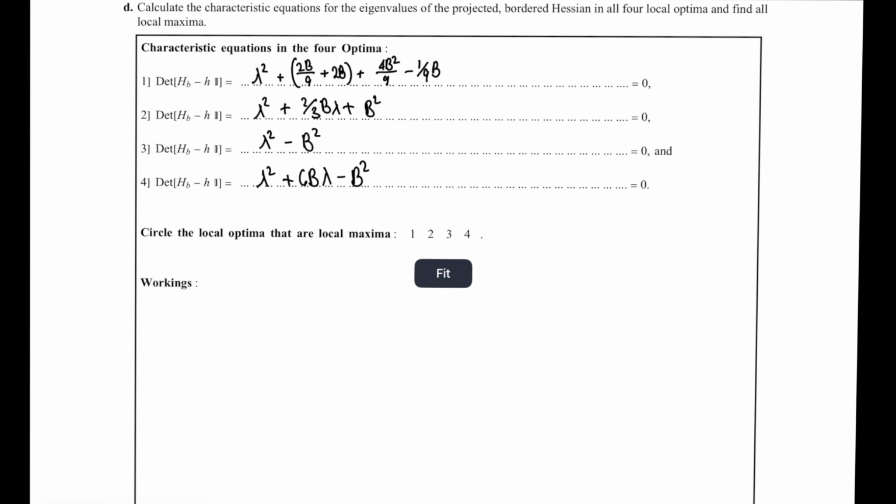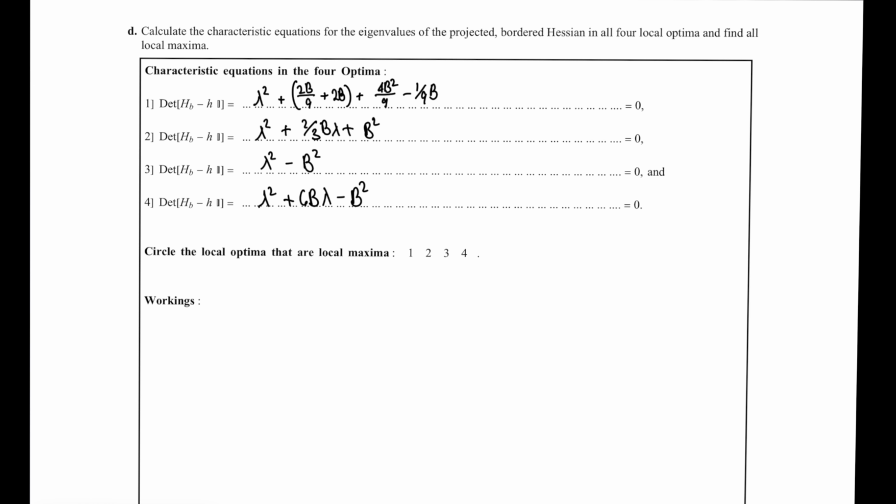Cool. So now to work out if those solutions were maximums, minimums, or saddle points, we need to find the eigenvalues, which just means we need to solve these characteristic equations.